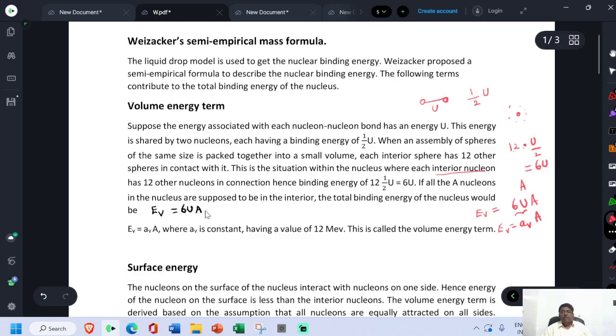If the nucleus has A number of nucleons, this is the mass number, proton plus neutron number, the total volume energy is equal to 6U into A. This 6U may be replaced by a constant A suffix V, where AV has the value of 12 MeV. This is called the volume energy term.